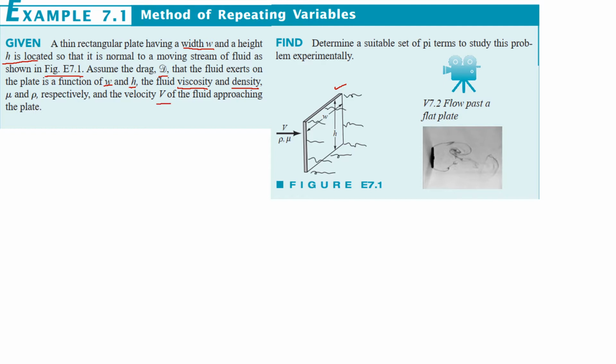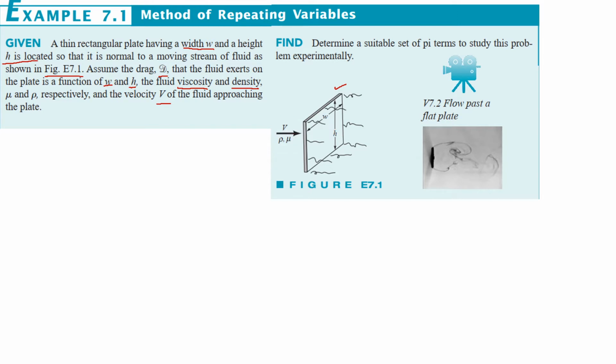So from the statement we can say that the drag force is dependent on the width of the plate and the height of the plate, and as you can see, these variables are mentioned on the diagram: the width, the height, the velocity, density, and viscosity. So the drag force is dependent on these variables.